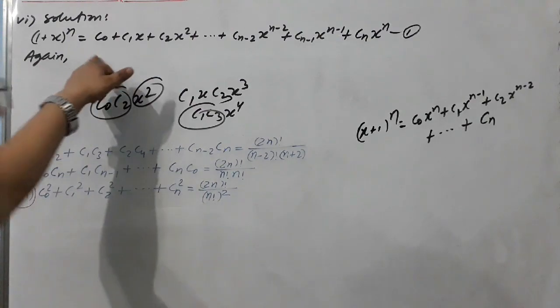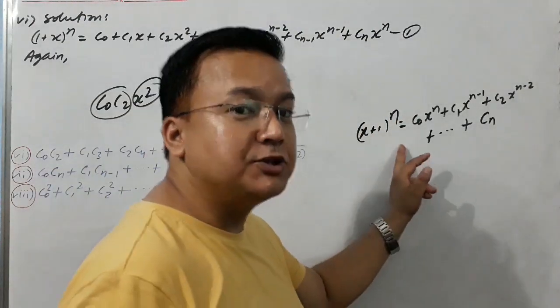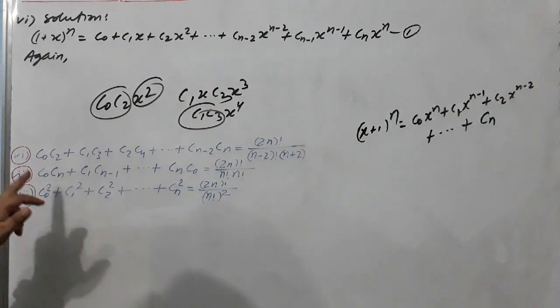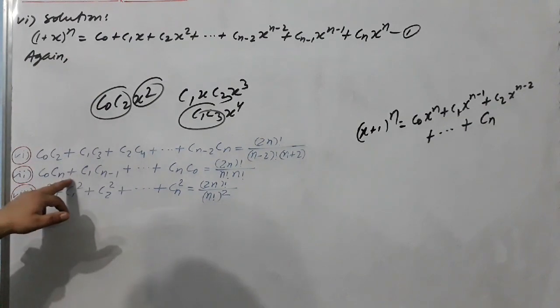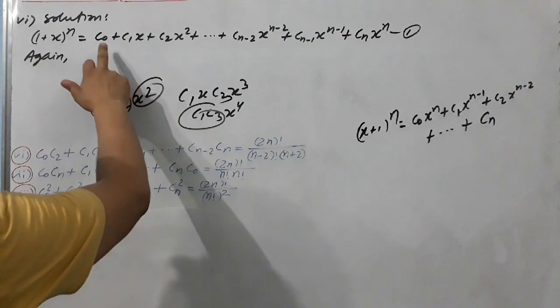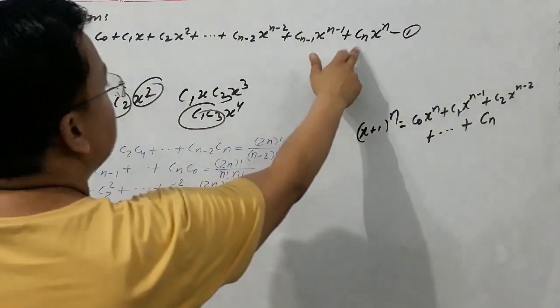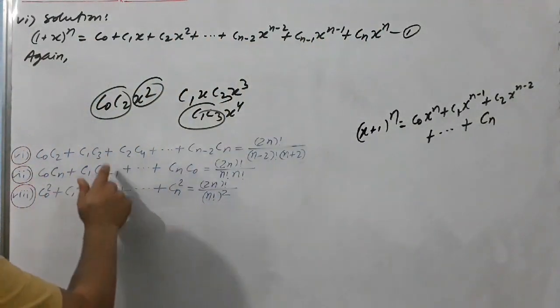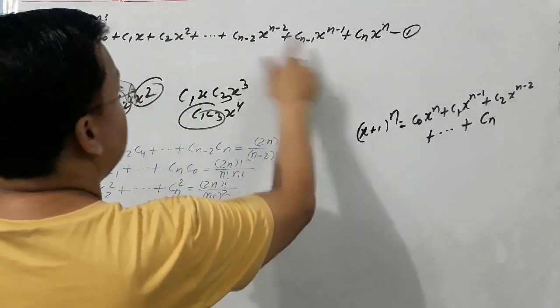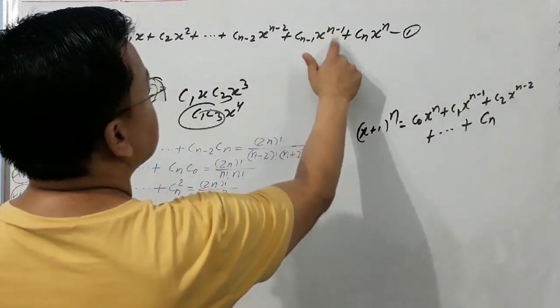So we are not going to multiply first by itself. We need to multiply first by this expansion, surely, then definitely, no need to check. And for the second also, you can use the same way: c0 cn, coefficient of x raised to power n, c1 cn minus 1, coefficient of x into x^(n minus 1), x^n.